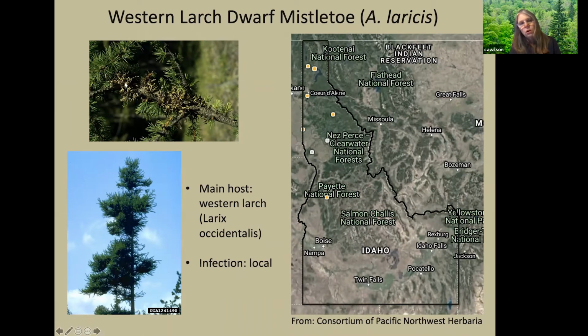It has these dark blue berries. I hope you can kind of see those. A lot of the berries in Arceuthobium tend to be kind of white or creamish, maybe towards greenish, but this has a very dark berry. And you can see again that it is in Western Idaho.